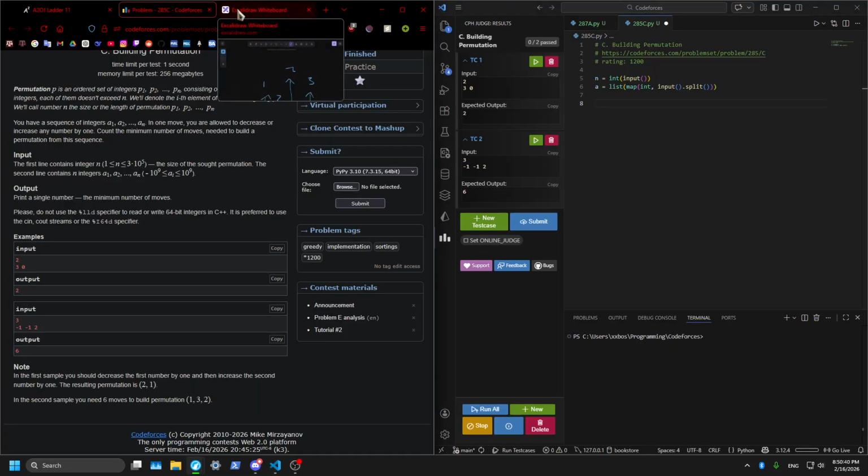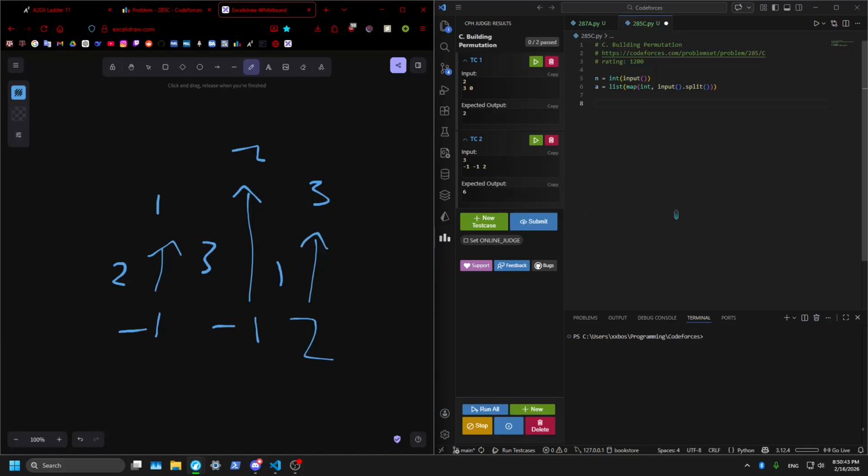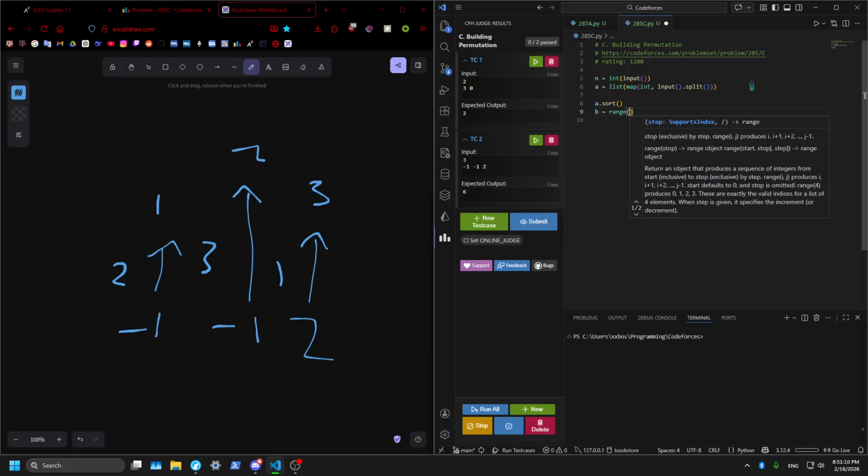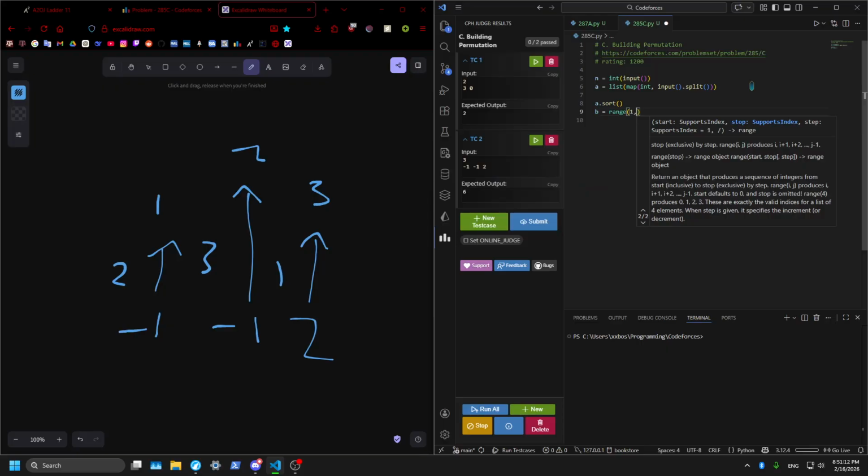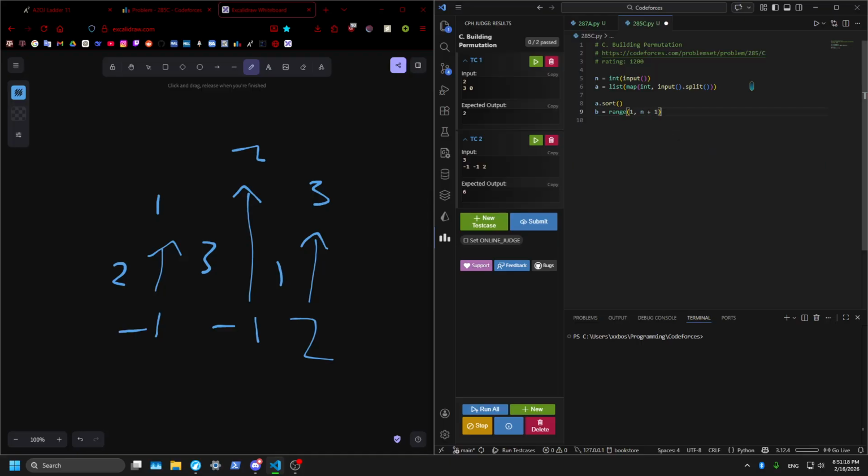It seems pretty simple. You just sort it in one pass. a dot sort, and then we can have b equals range 1 to n plus 1.